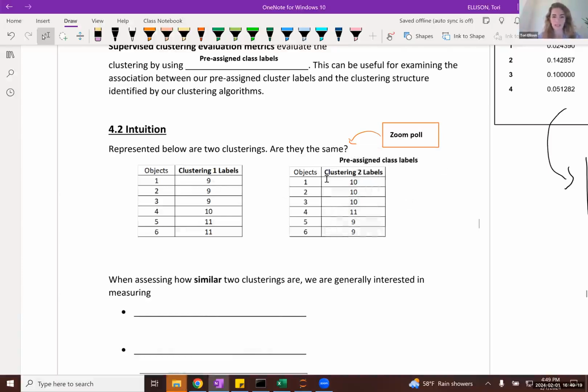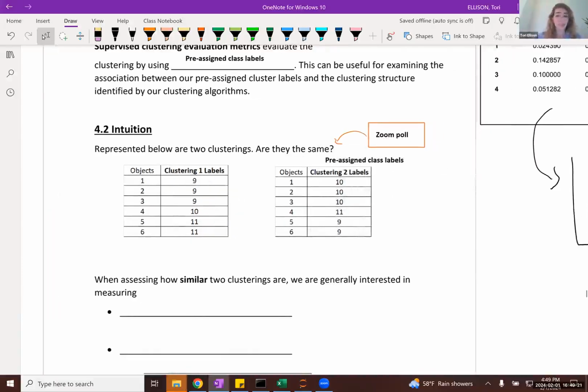For instance, let's say I've clustered this data set of 6 observations into 2 clusterings that we see labeled as such here. So the question is, setting up a poll, are these 2 clusterings the same?